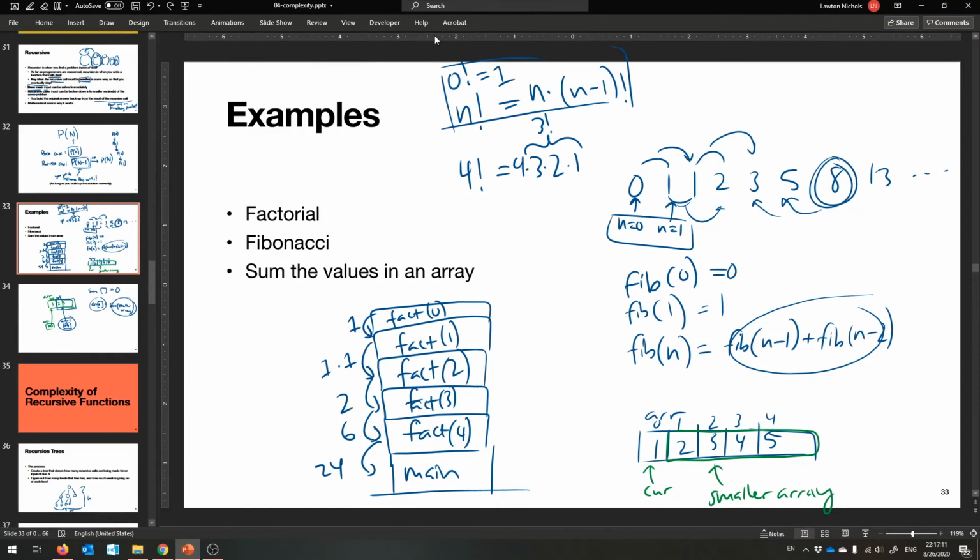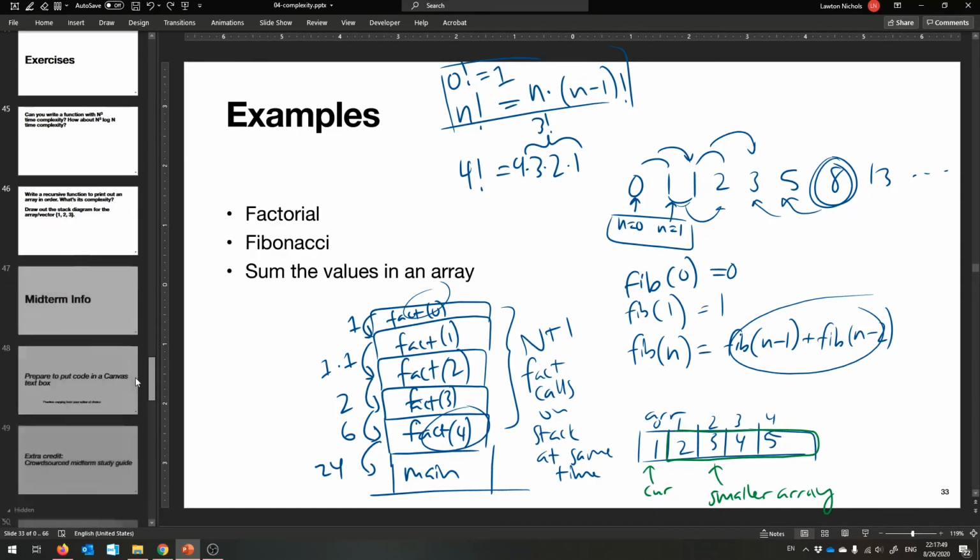In the worst case, we're at the base case, waiting on the original call down in the base case, and so we need to store n plus 1 calls to fact on the stack at the same time. So maybe each function itself took constant space, but in total, in the worst case, they're going to take linear space. You see that?